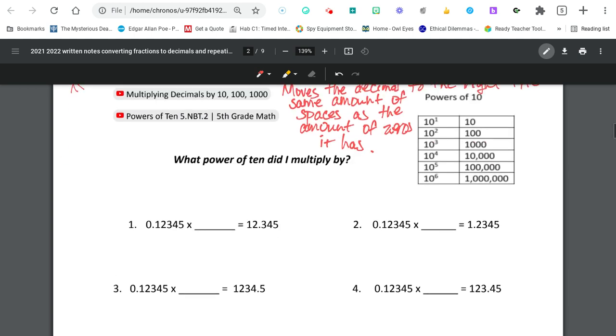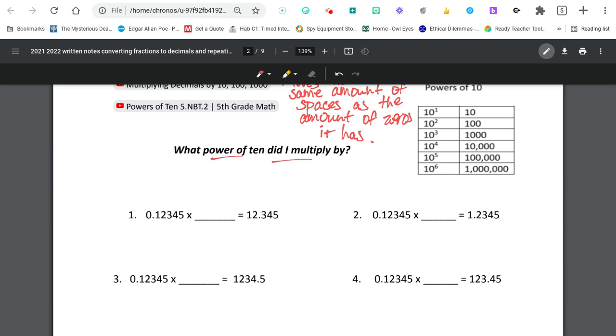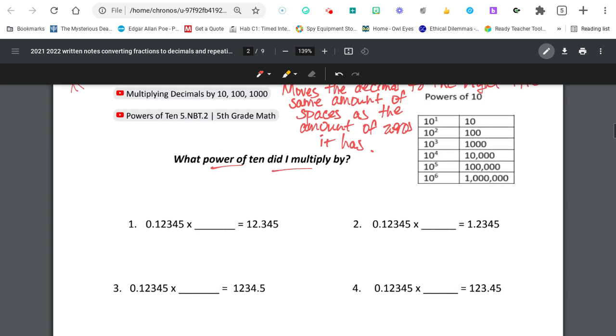So we're going to take a look at just these examples, and you tell me what power of 10 I'm multiplying by. All right, and let me show you something.